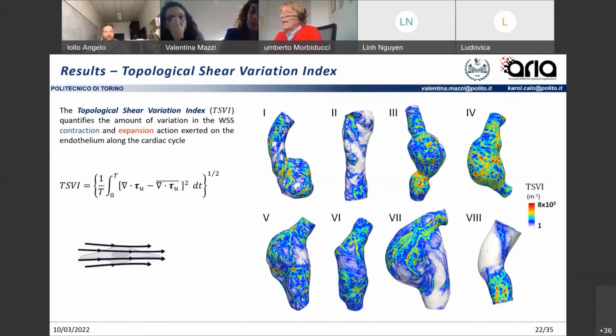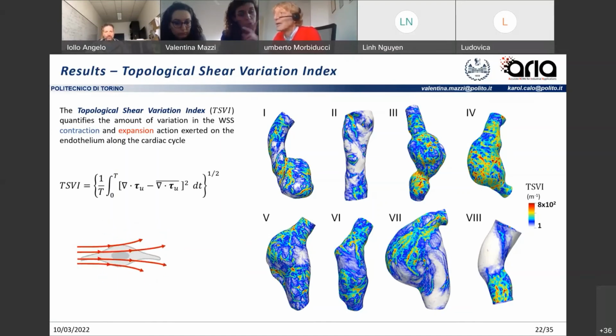But the coronary arteries have completely different hemodynamics. I have no idea at the moment if this predictor, or another one, is sufficient to robustly predict the outcome of an aneurysm in patients.